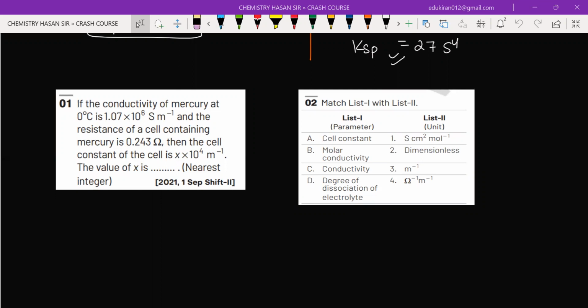Whoever is not able to solve, that means you don't remember the formula. Hamza, should I explain? Just a minute. Adriel, Rehan, Ashrit. Okay, no problem.